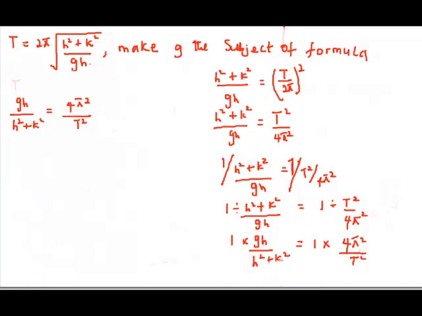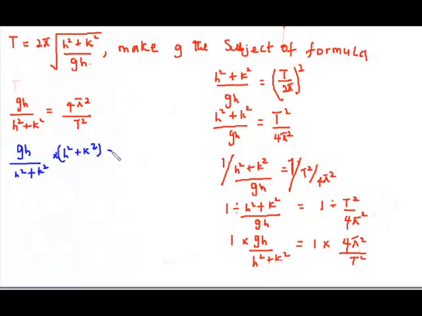So you have h squared plus k squared dividing g and h. So you want to multiply h squared plus k squared on both sides to eliminate h squared plus k squared. So we have gh over h squared plus k squared times h squared plus k squared. This is bracketed, by the way.